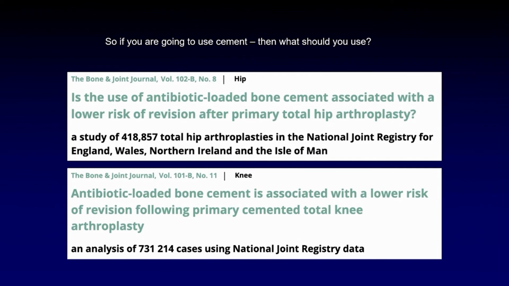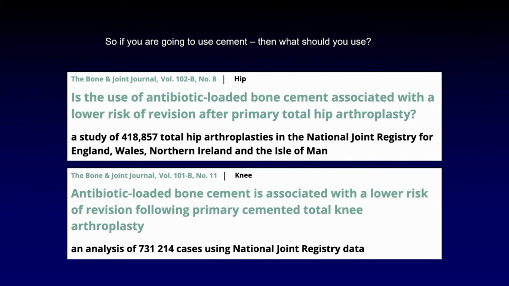So if you are going to use cement, then what should you use? There's some debate internationally whether you should be using plain cement or indeed antibiotic loaded cement. And we've had two very large papers come out of the UK recently.